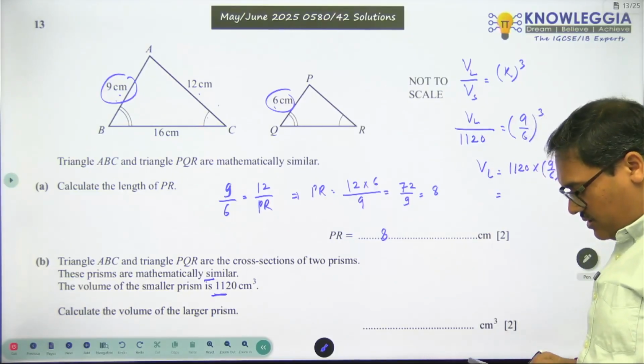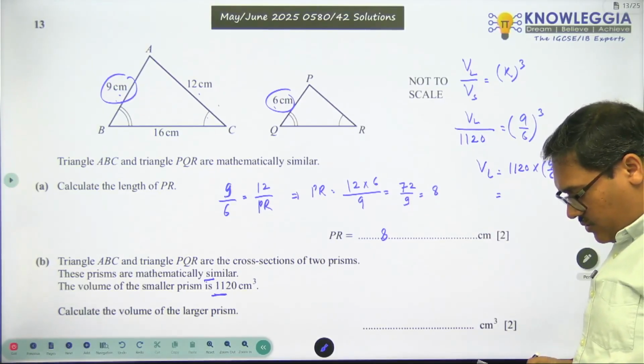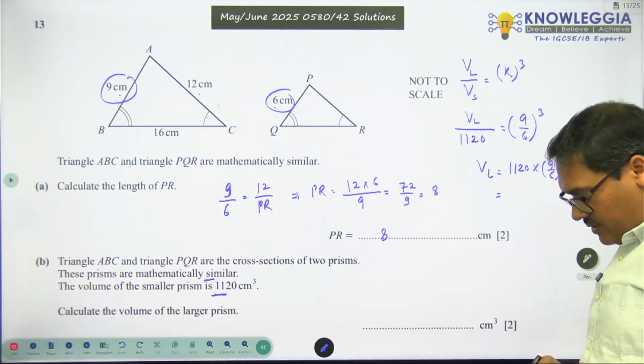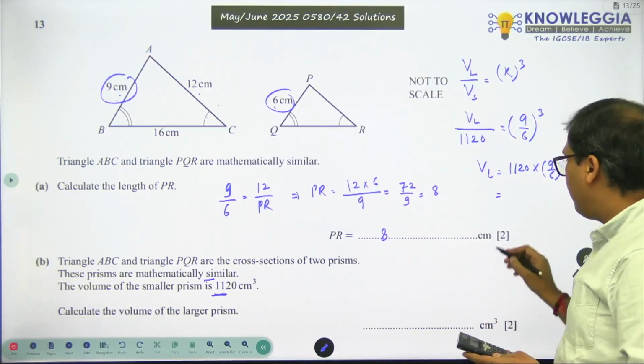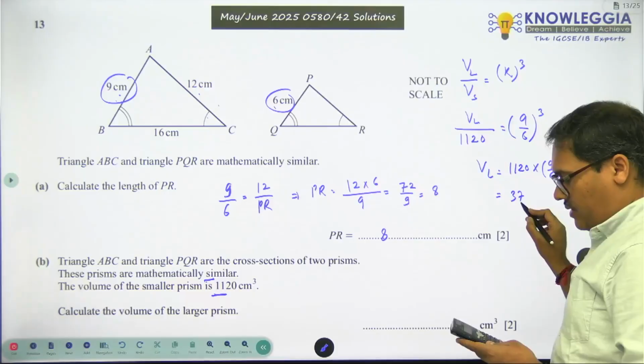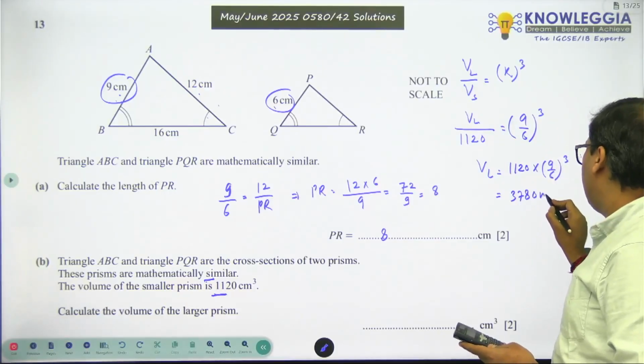So this is 9 divided by 6, 1.5 cube, that is 3.375 multiplied with 1120, which is 3780 centimeter cube.